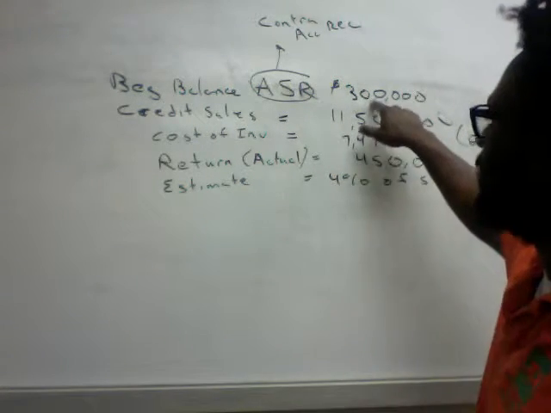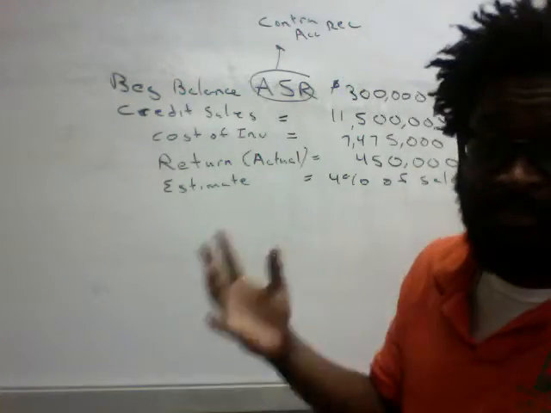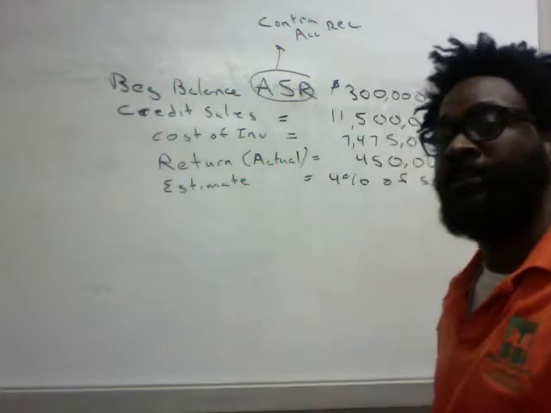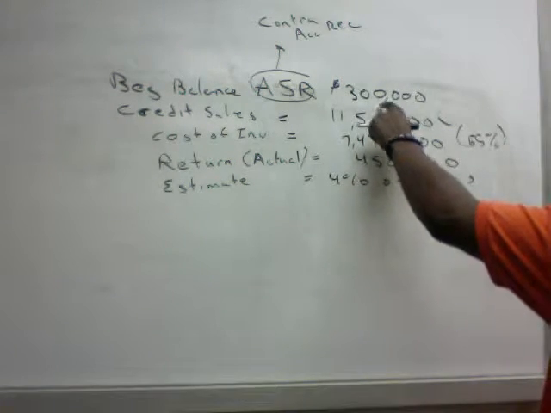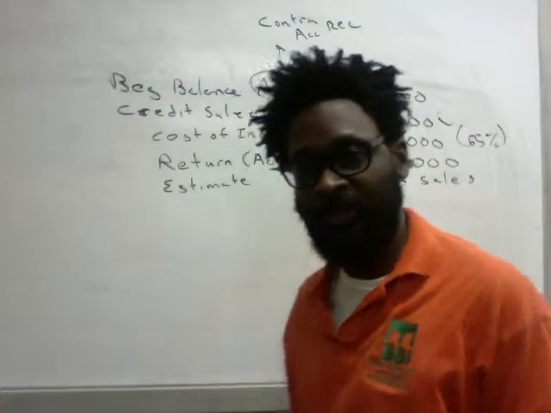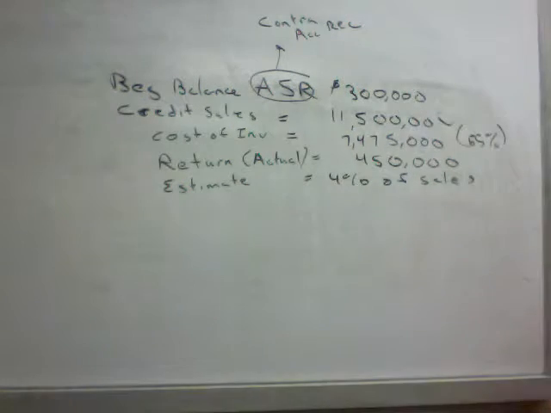So what are we really saying? We're saying that this was based off of last year's estimate. So they already made an estimate saying that this year they were expected to have how many returns? $300,000 worth. They already made the estimate last year, because that's why we have a beginning balance this year.